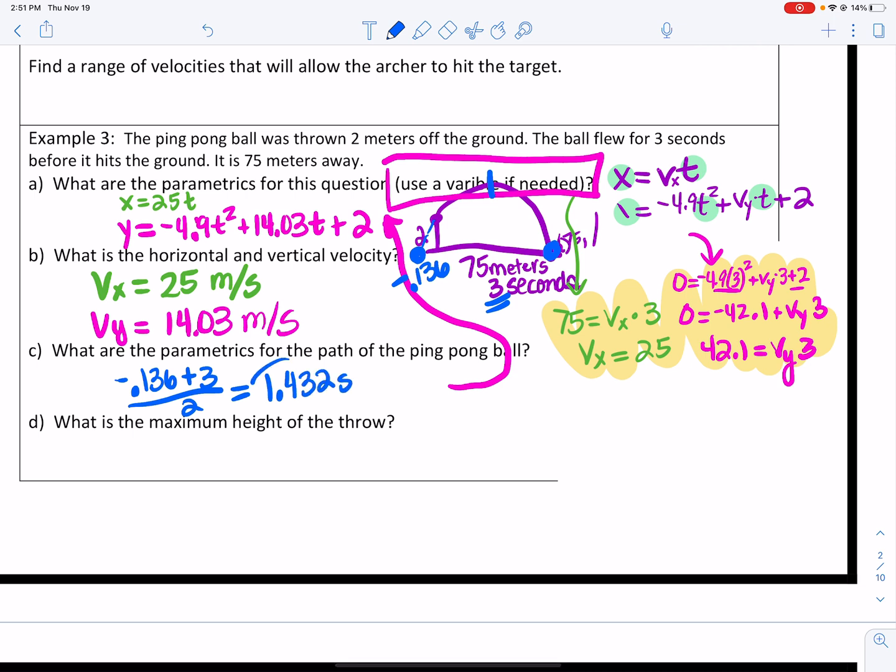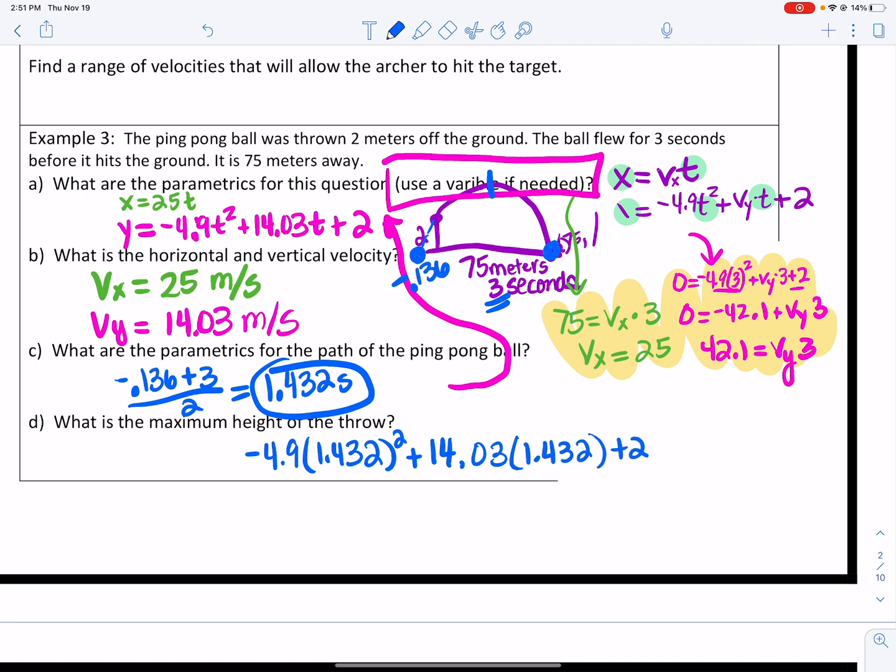This right here is the time. Sorry, I'm writing it above. Now I'm going to take that time and put it into the y equation for t, because this will tell me the very highest it can be, since that gives me the path of the y's.